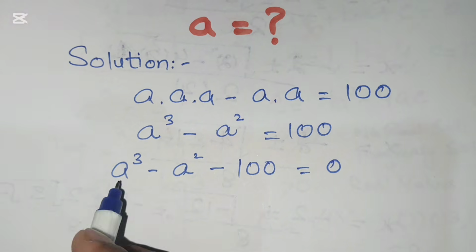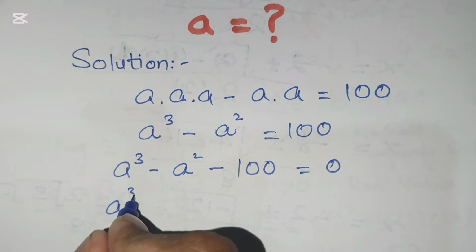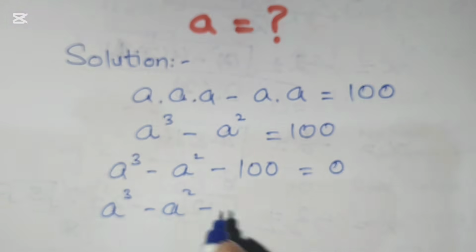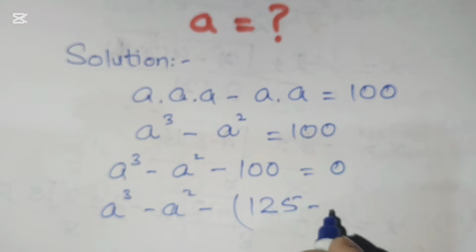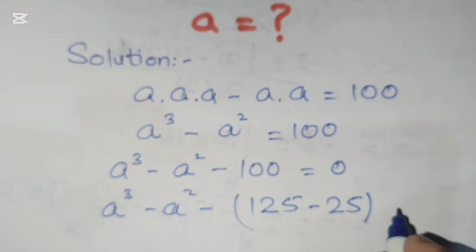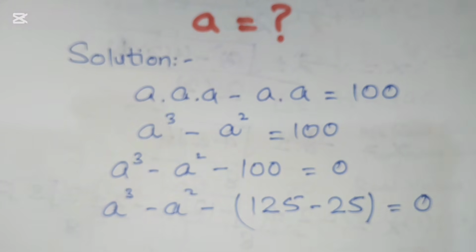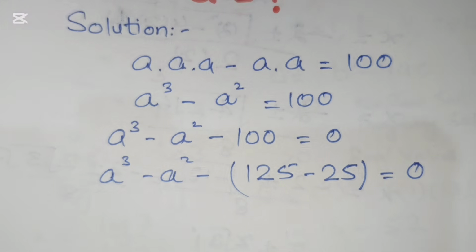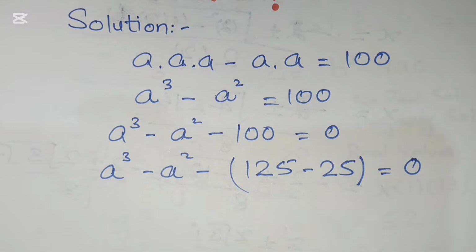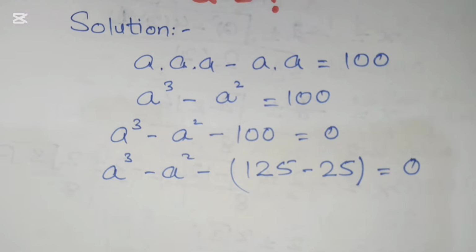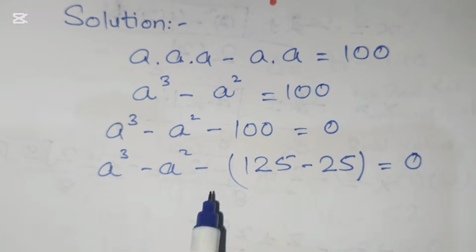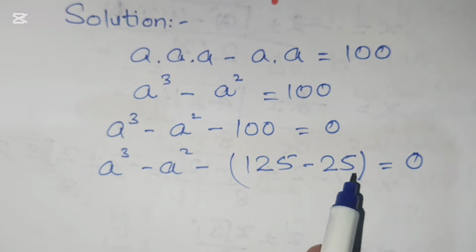So we can write this equation as A cube minus A square minus 100 can be written as A cube minus A square minus (125 minus 25) is equal to 0. Now we will multiply this minus sign inside the bracket.